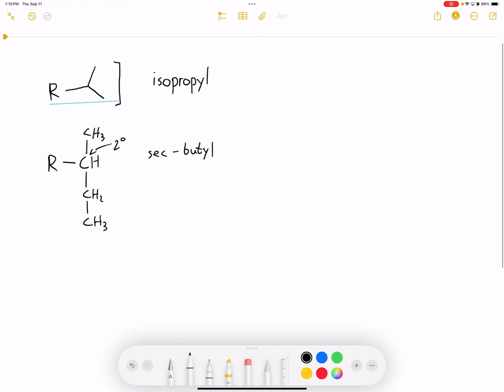All right. If we compare this to this group right here, so CH2, CH, CH3, CH3. All right, what's this one called? Yep, isobutyl.